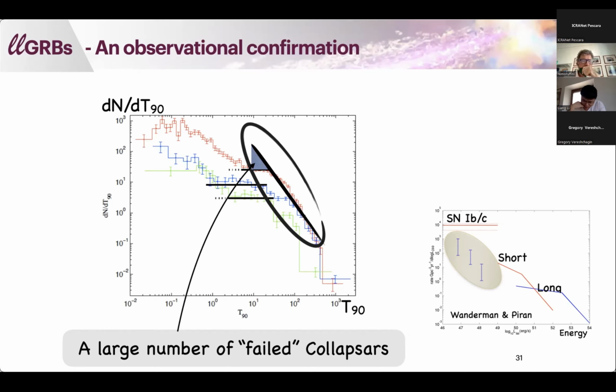You can call them failed GRBs, but actually what we expect is that these are the low luminosity GRBs. These are a subpopulation of the GRBs that are very low luminosity. We see only very few of them because they are weak, and we can see them only from short distances, but they are actually more frequent than regular GRBs.